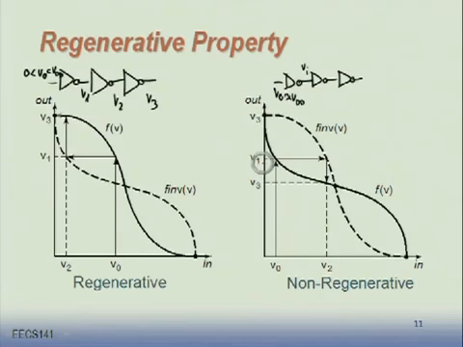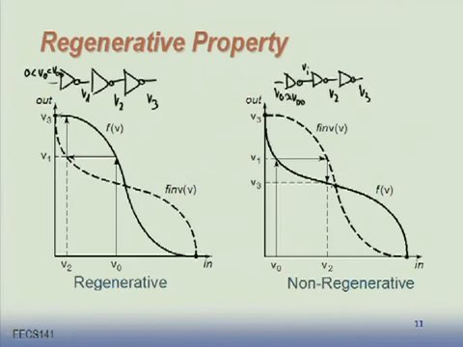V1 is going to produce V2 that is close to the middle, then V3. All of the other inverters that I put down that look like this are not going to have outputs that are equal to logic levels. No, all of them are going to be somewhere in between. Is that a good gain? Is that a good gate? No.